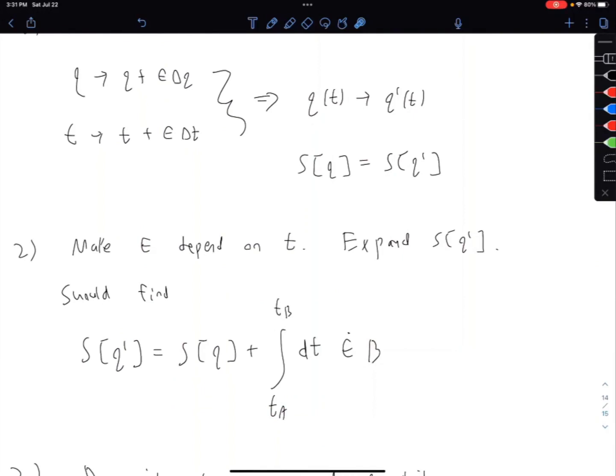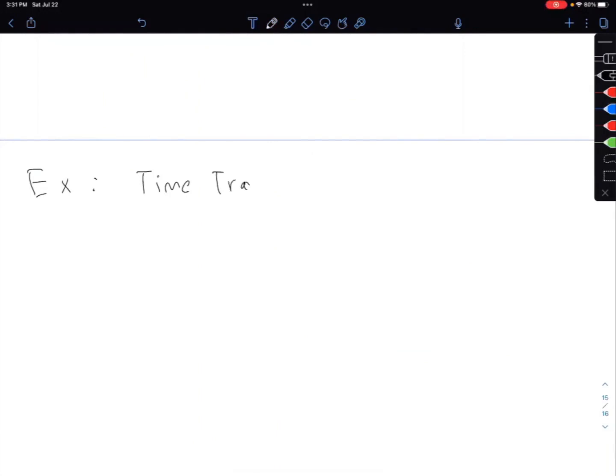Okay, so this is the Noether procedure. Now we should do some examples. We're going to say that time translation symmetry is going to imply energy conservation.